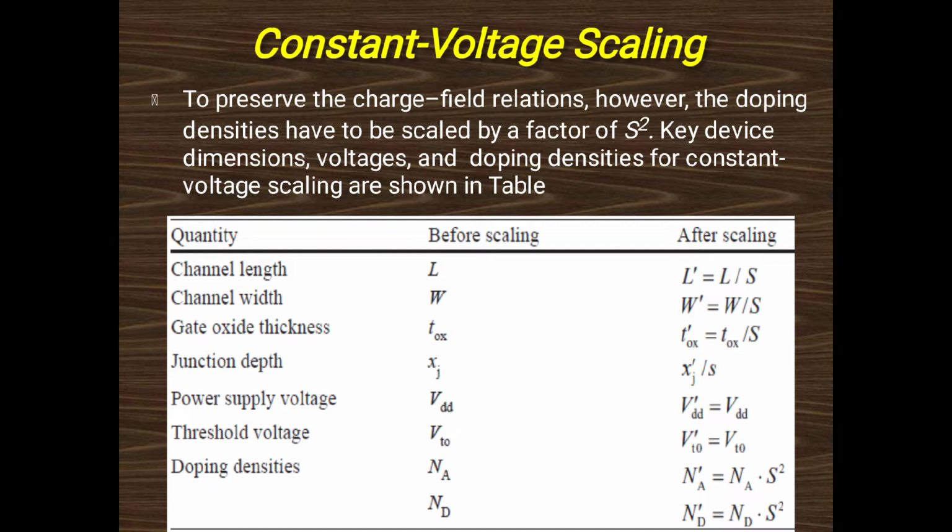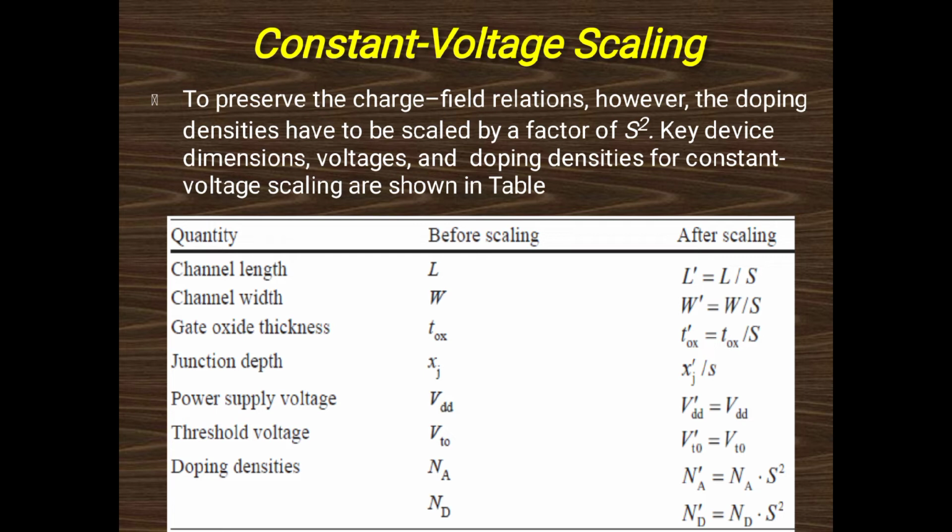Next, the channel width W. W dash, the new generation width, is also decreased by a factor of s. The gate oxide thickness TOX becomes TOX dash, the new generation oxide thickness, which is also decreased by a factor of s.